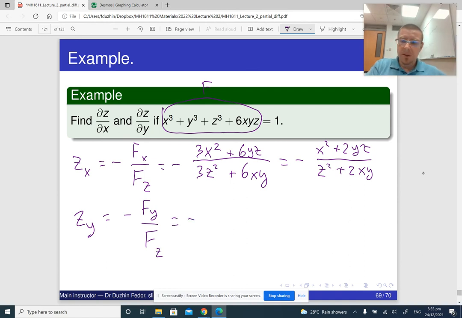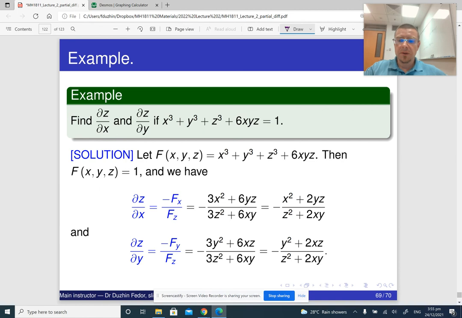And this is going to be minus 3y squared plus 6xz, I believe. This is fy, and fz is just the same, 3z squared plus 6xy. If you want, you can simplify it too, but here is just the end result.